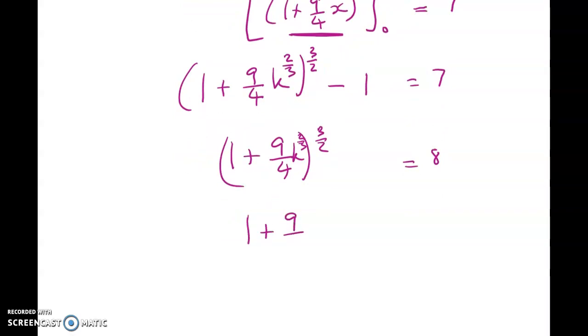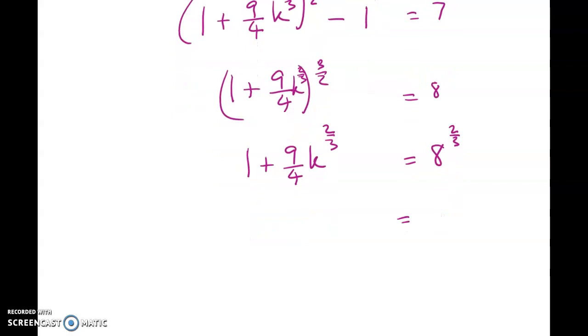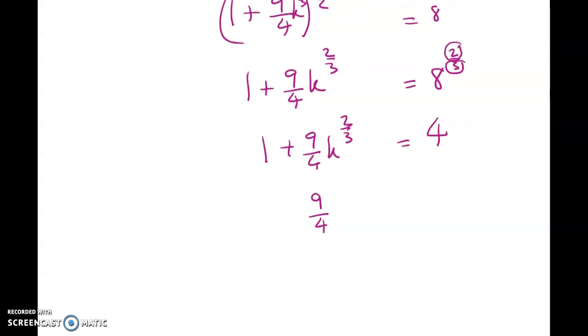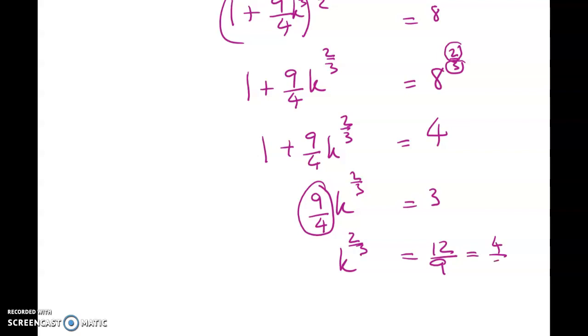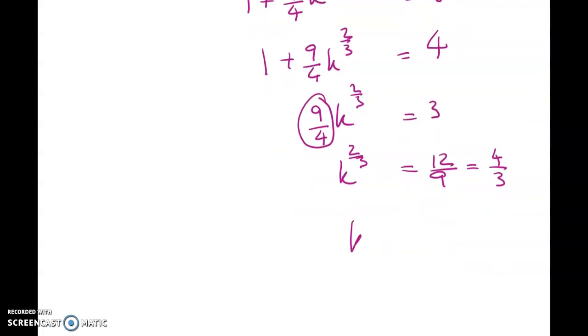We get 1 plus 9 over 4 k to the 2/3 is equal to 8 to the power of 2/3. Now 8 to the power of 2/3 is just the cube root of 8, 2 squared. So that's 4. So 9 over 4 times k to the 2/3 is 3. K to the 2/3 is equal to 12 over 9, just dividing both sides by 9/4, which is equal to 4 over 3.